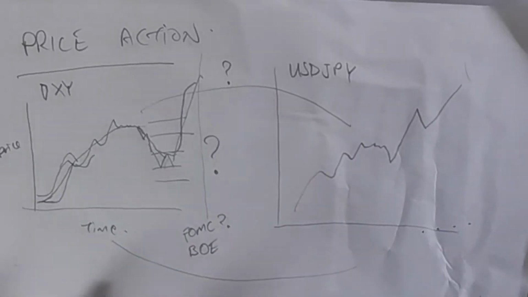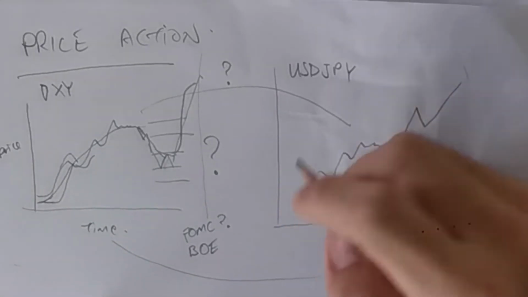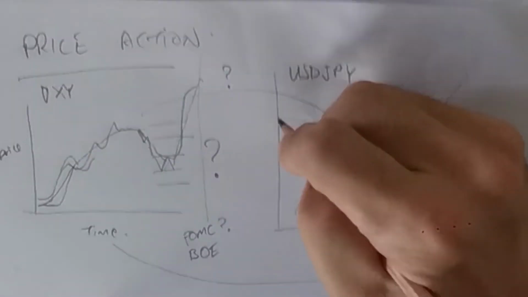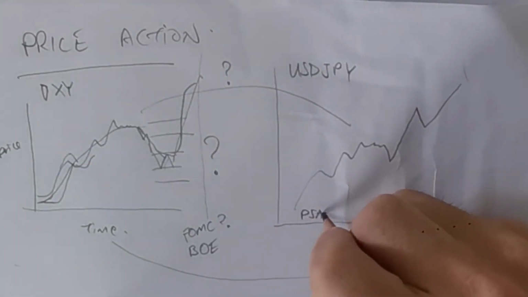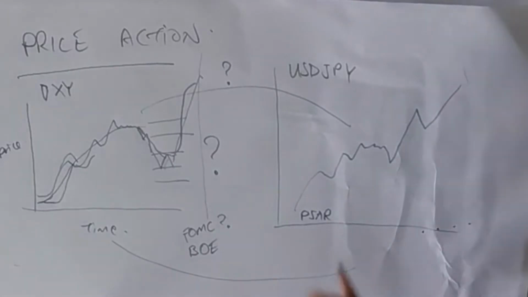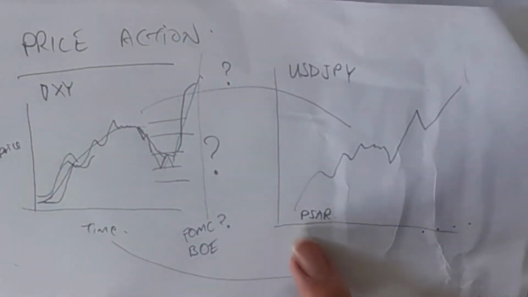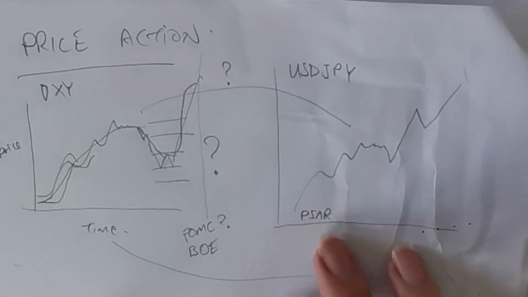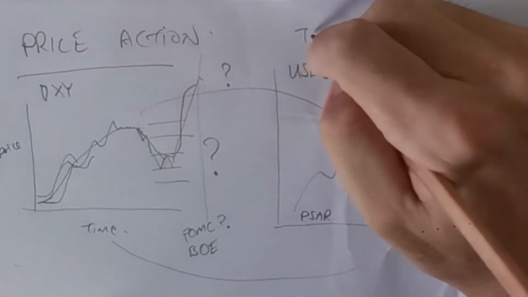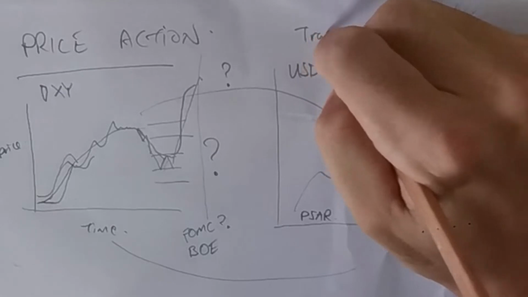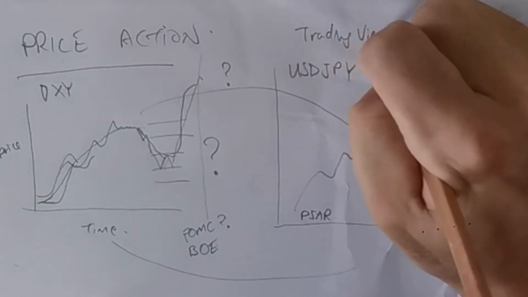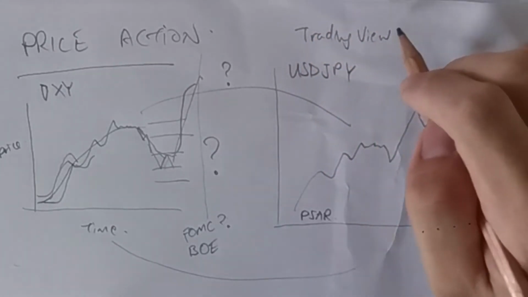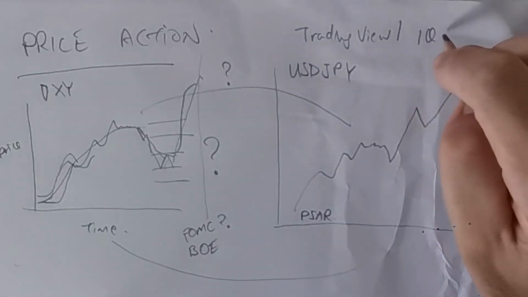For some of you, that could be certain things like the parabolic SAR, or it's called the P-SAR. Maybe you can also draw on the charts in a certain place where you feel that this indicator typically sits, where the titles fit. This could very well be TradingView. This could very well be IQ Option.